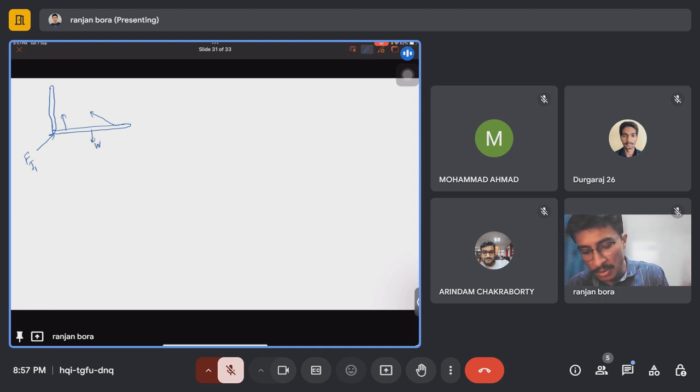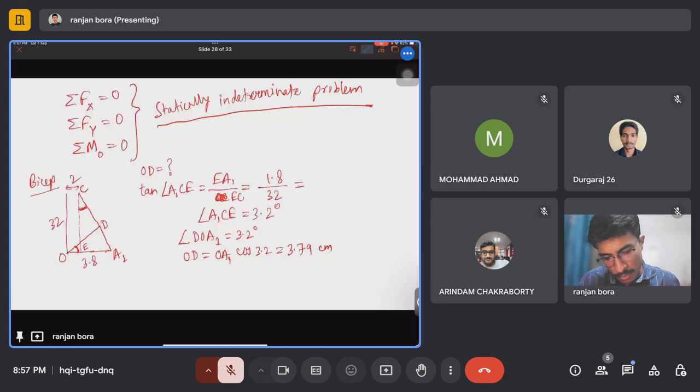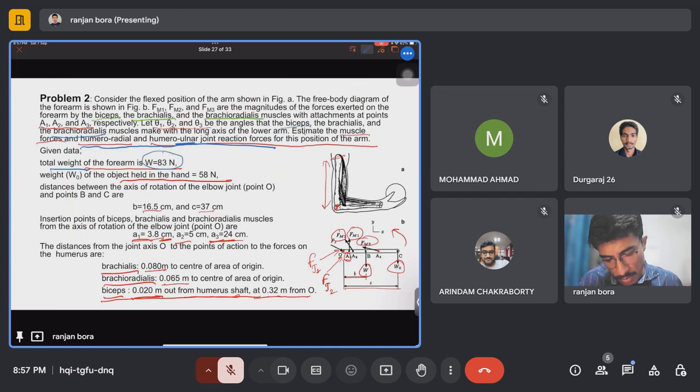It will be W by 2, and W naught was given by 58.